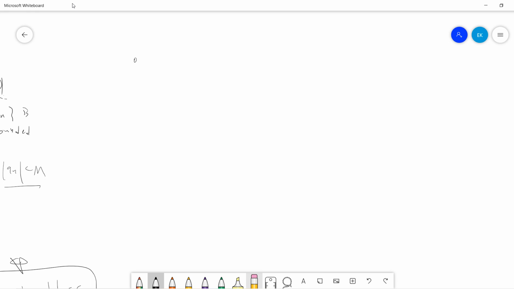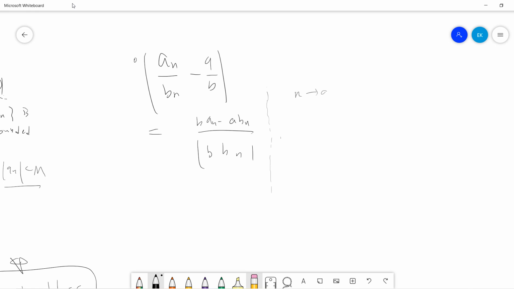So for the first one, we just try to compute an divided by bn minus a divided by b. So this is (b an minus a bn) divided by b bn. Let's easily make a guess: if n is very large, then bn is very close to b.